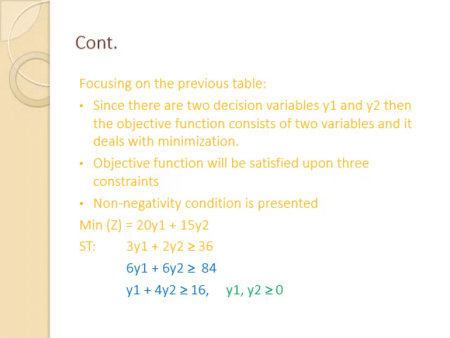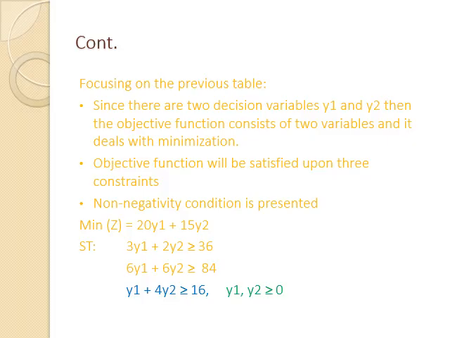Right. The next constraint is for iron: 6y1 plus 6y2 more or equal 48.